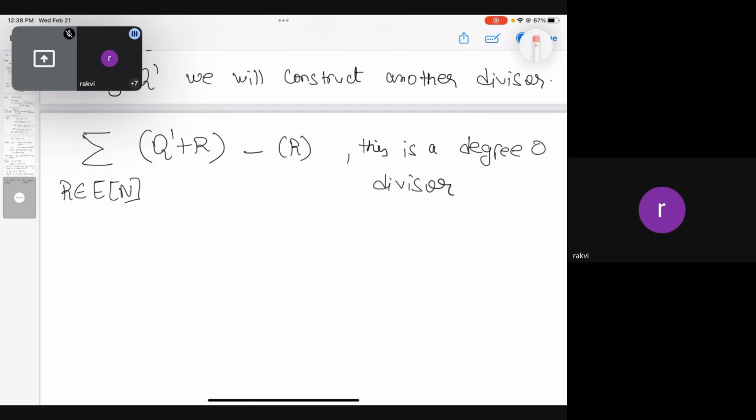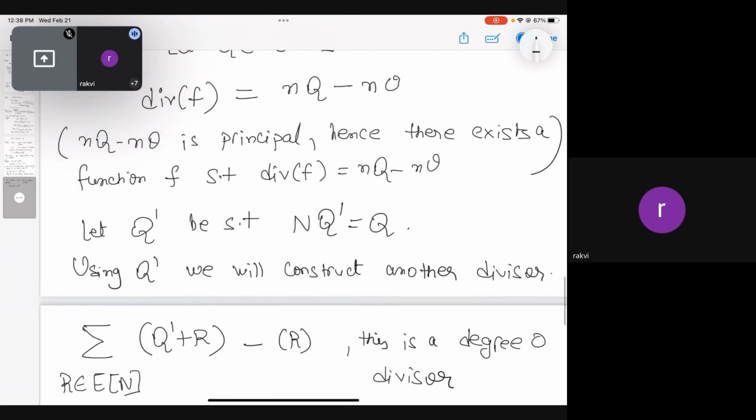So what will happen if I keep adding all the points to itself? I'll be adding q bar to itself. How many points are there? So we need to know how many points there are. There are actually n square points that are n torsion.